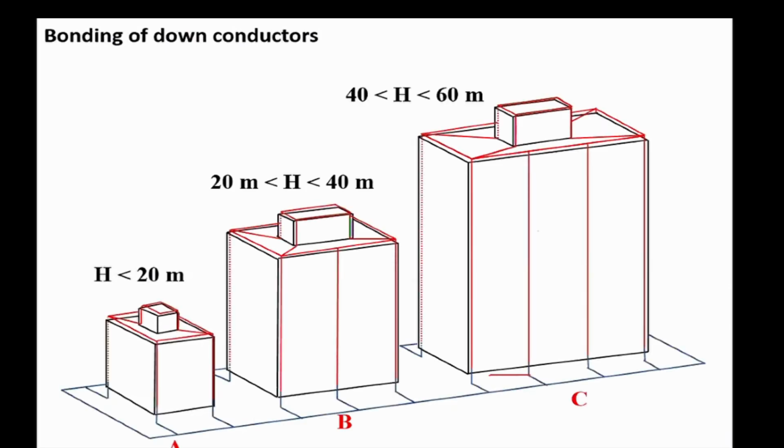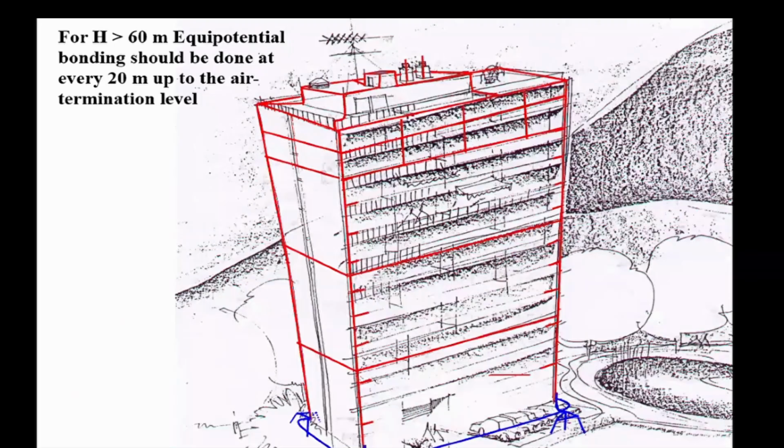And then the usual practice and recommendation is, if you have a building more than 20 meters, it's better to connect the down conductors by another conductor horizontally, which we usually call ring conductors, at every 20 meters. Now you see that this is a building, for example, greater than 60 meters.